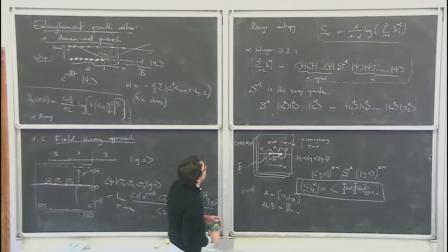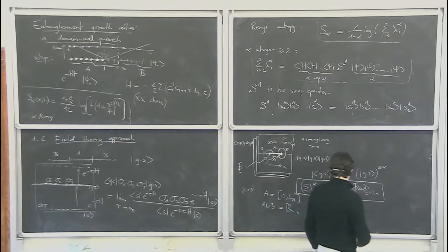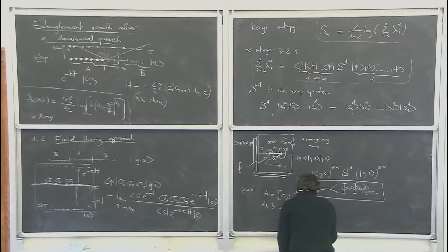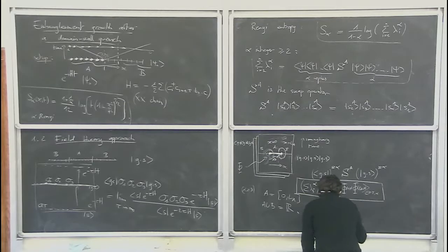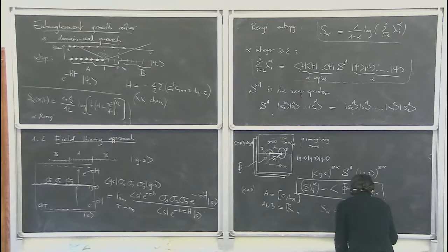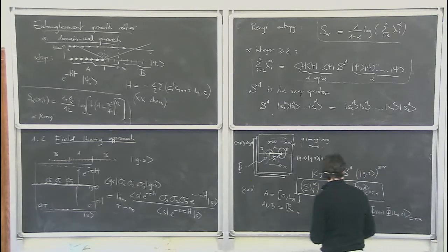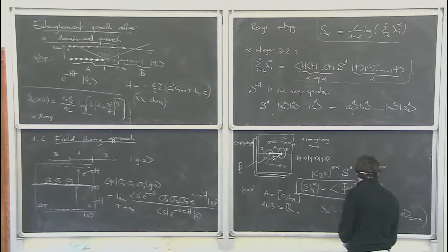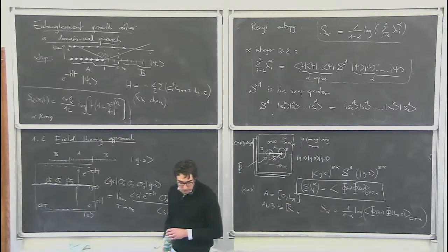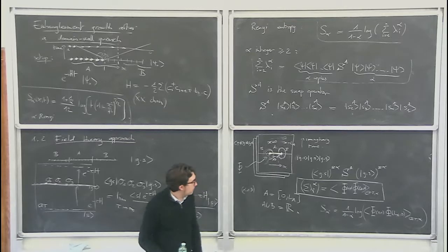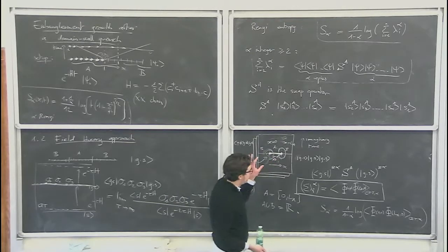And so in particular, the Rényi entropy now is 1 over 1 minus alpha times the log of this two-point function. Okay? And now at this point, we almost have the result because it's a two-point function in the plane.